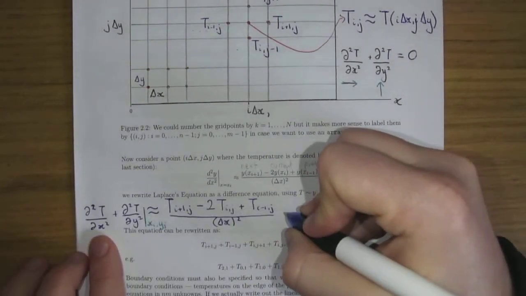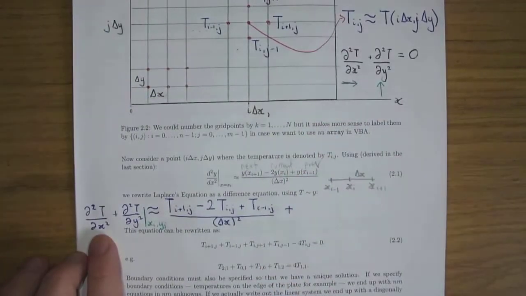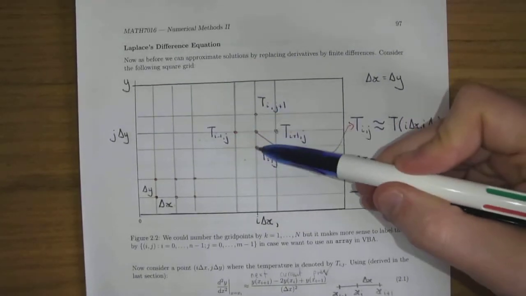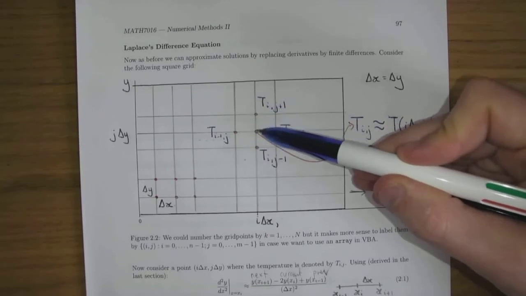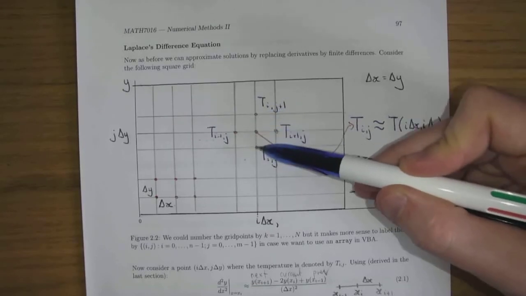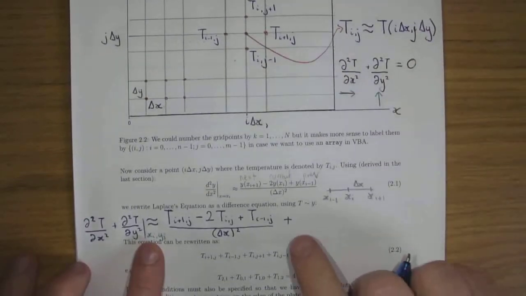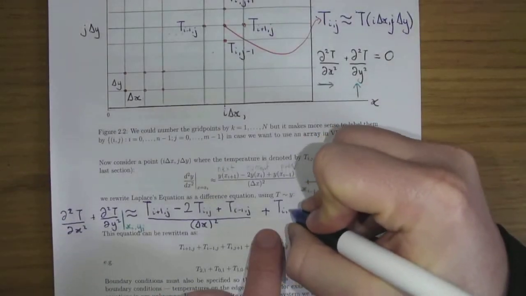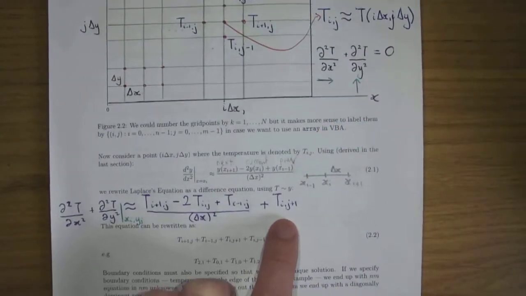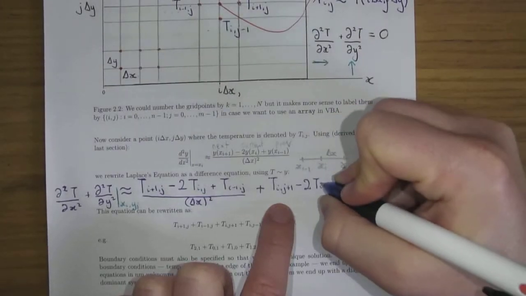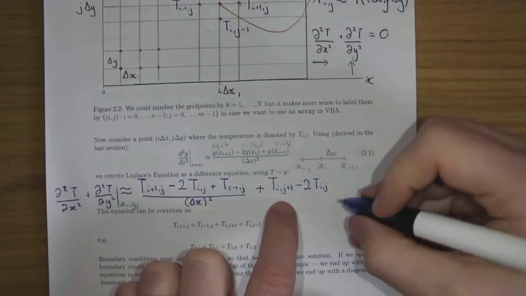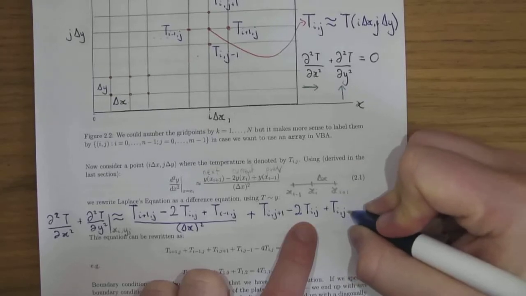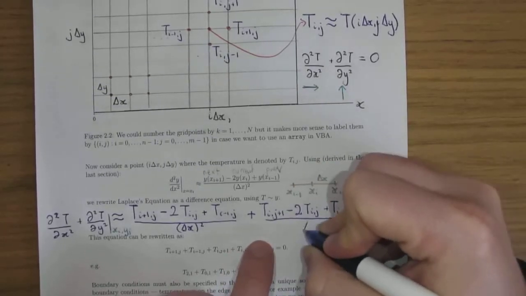What about the approximation of the second derivative with respect to y? So here, when we're going with respect to y, this is the current, next, previous. So the next temperature in the sense of y is up here, Ti,j+1, minus twice the current, which is 2Ti,j, plus the previous, which is down below here in the sense of y, Ti,j-1, all divided by delta y squared.